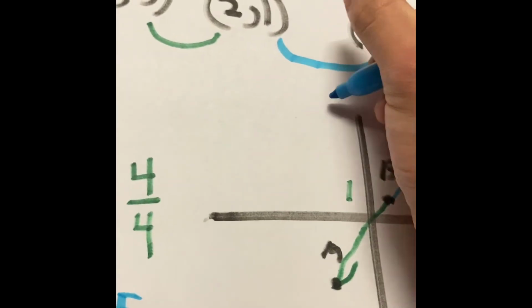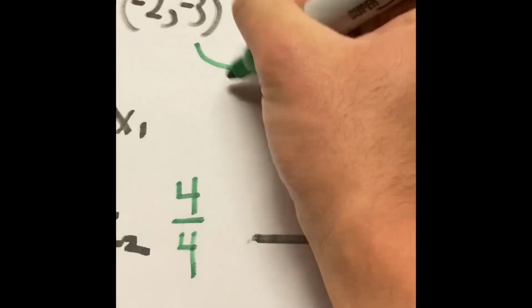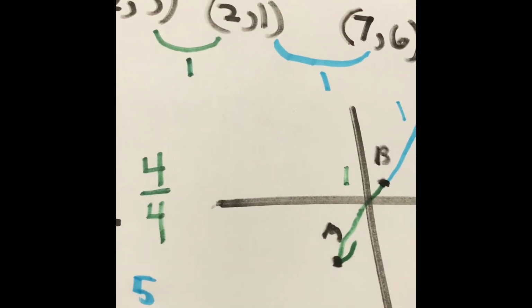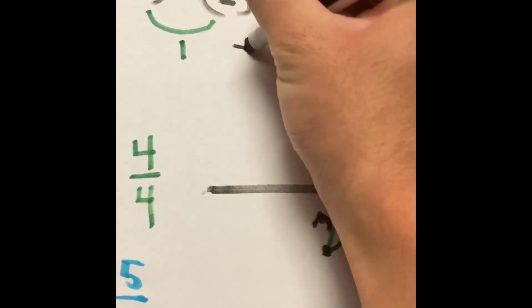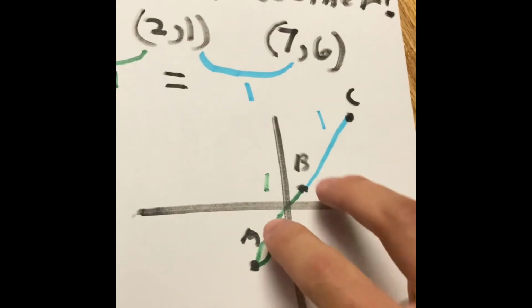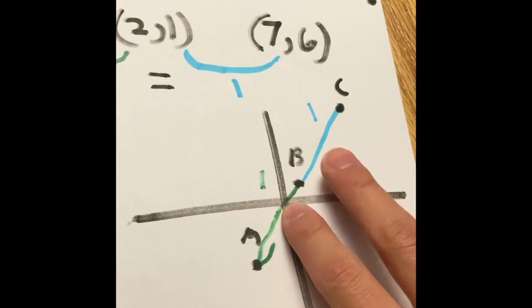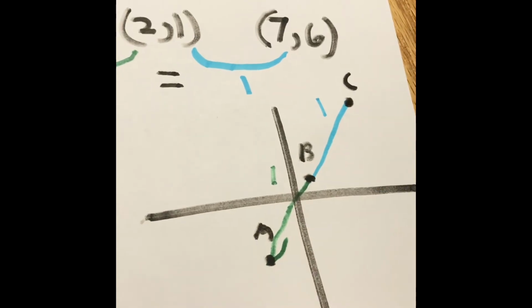And since these two are now the same, they are equal to each other. So if we found the slopes between these two points, and they're the same, then it means that they're on the same line.